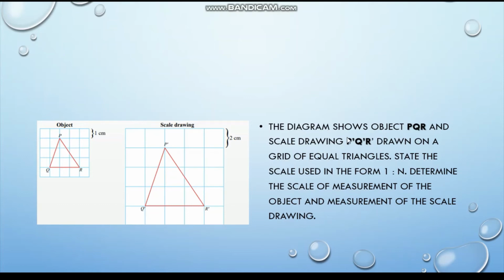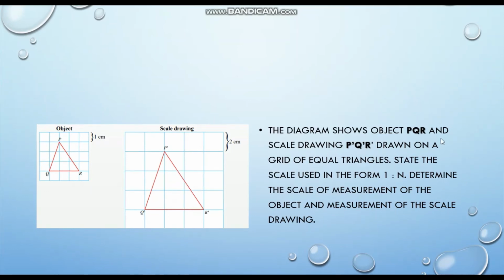Okay, first of all, we need to identify the original object and the scale drawing. The object has PQR, which is this one, the real object. The measurement for PQR will be 1 centimeter, while P prime Q prime is measured by 2 centimeter, which means we have to concentrate on the grid, not the shape of the triangle.